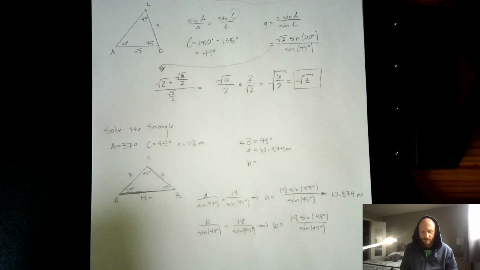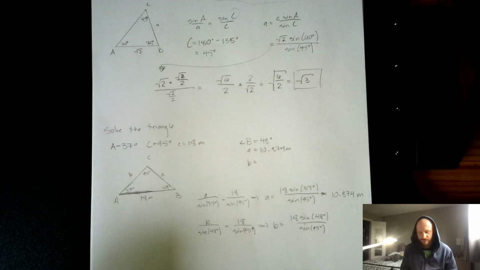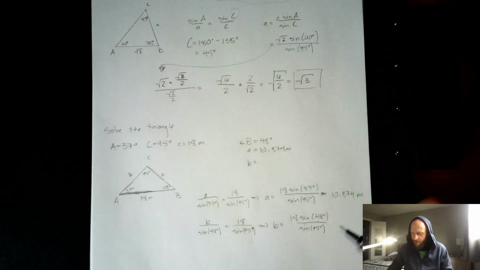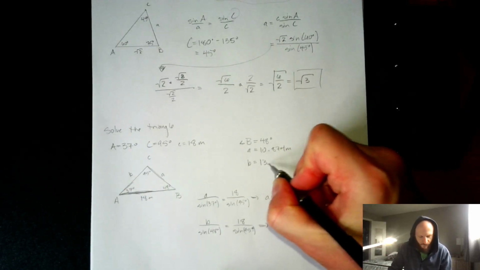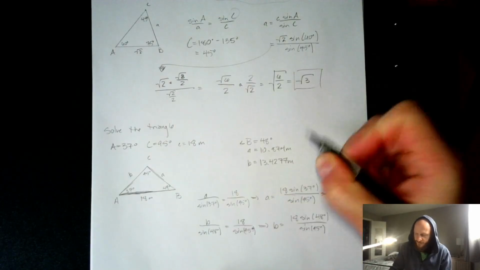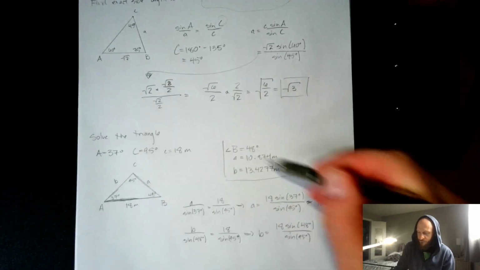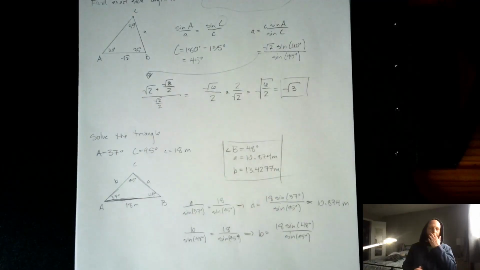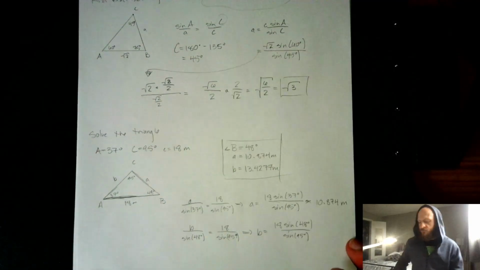It's the exact same thing as last time, I just need to switch the angle for angle B. 18 times sine of 48 divided by sine 95 is about 13.4277 meters. There. We solved it. Nice and straightforward.